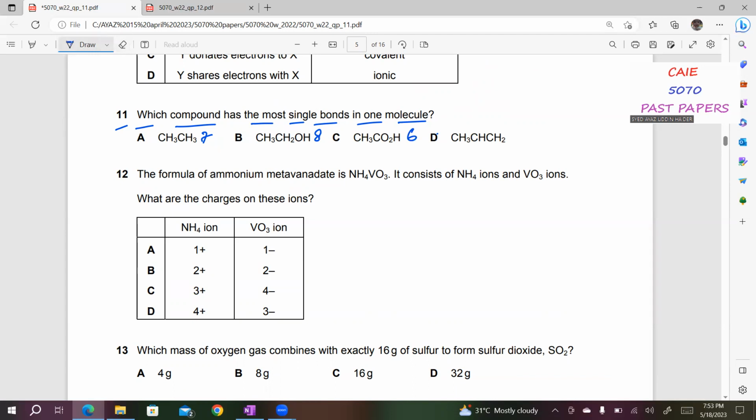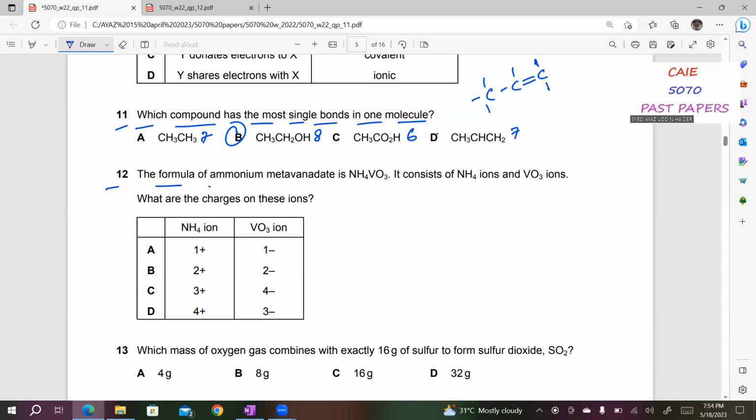Last one, CH3CH2. CH2, it means there must be a carbon-carbon double bond here. Now count the single covalent bonds. 1, 2, 3, 4, 5, 6, 7. So the only answer which is correct here is B.